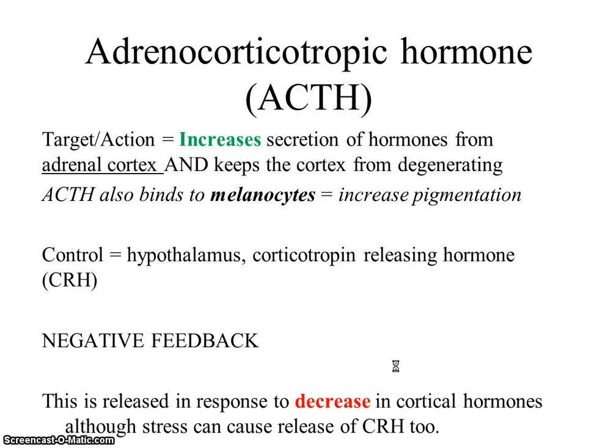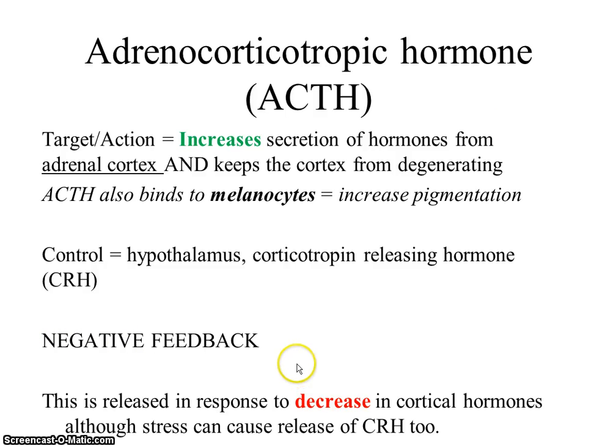All right, adrenocorticotropic hormone, again, this is the adrenal cortex influencing, that's what tropin means, hormone, right? So increases the secretion of hormones from the adrenal cortex, maintains the cortex, right? So its control, again, is through the corticotropin releasing hormone from the hypothalamus, so controlled or stimulated by the hypothalamus.